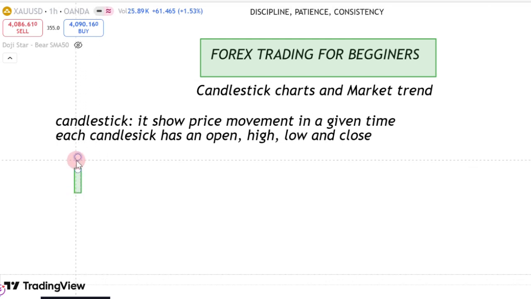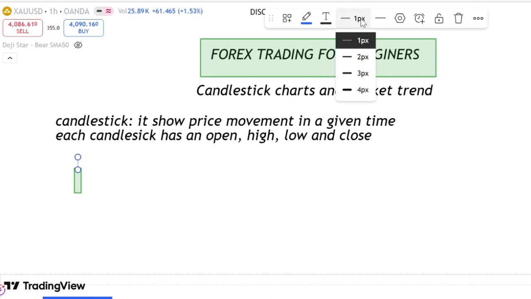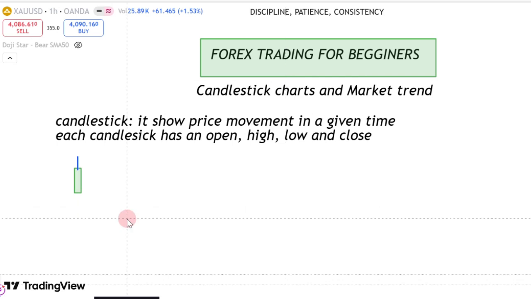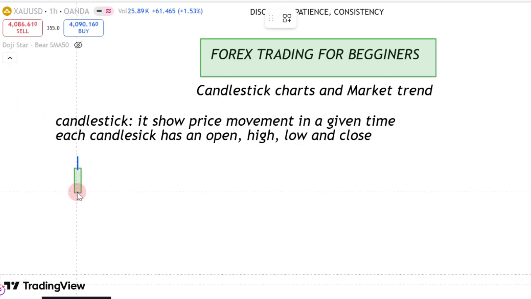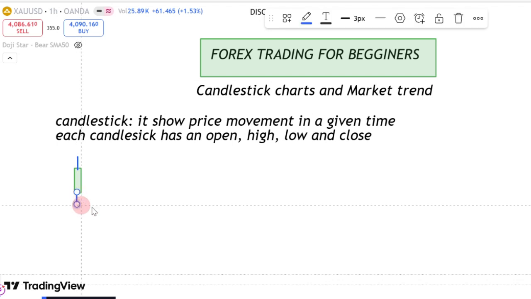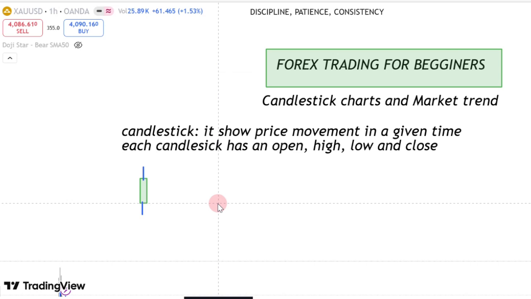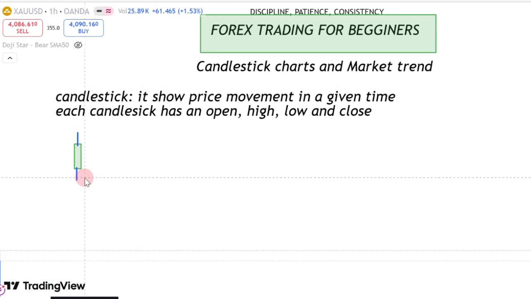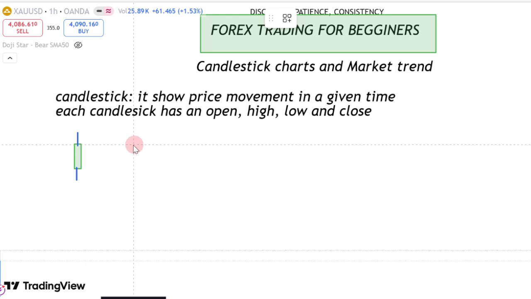Okay, this is the stick for it. Let me make it bolder. Let's say this is the stick. So this is a buy candlestick, green. So let's do another one for sell too.